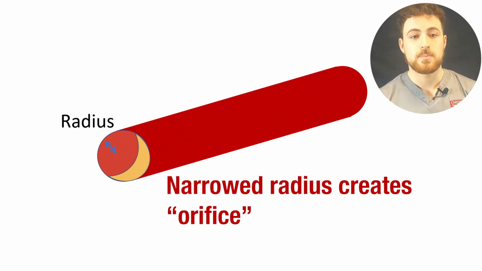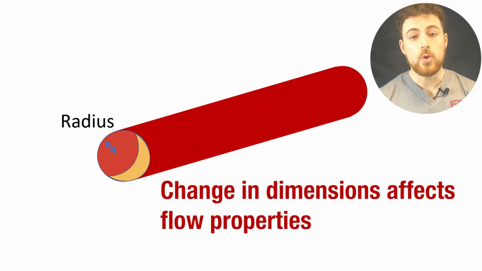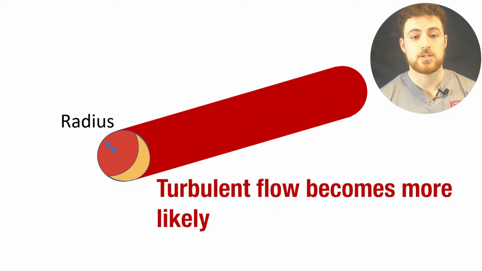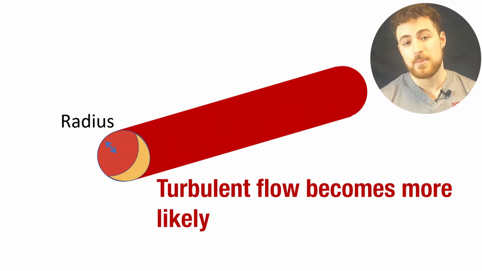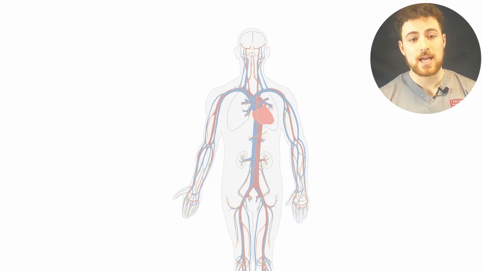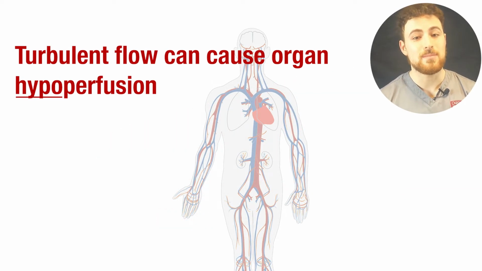When the vessel becomes partly obstructed, the flow rate through the narrowed part decreases, but the velocity of blood flow increases dramatically. This might cause the Reynolds number to rise to a point at which it transitions from laminar to turbulent flow, which will further decrease the rate of flow past the obstruction and might lead to inadequate blood flow to ischemia or hypoperfusion of the downstream tissues.